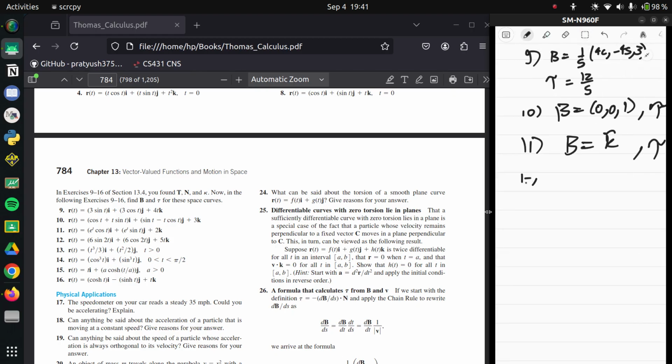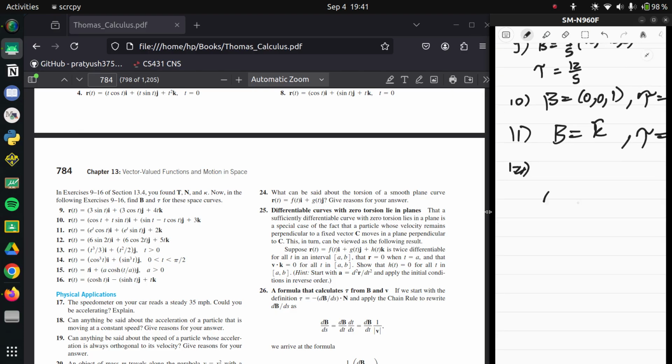Let's go to 12th. 12th is the same stuff. Velocity is just what? Now this is getting a bit too familiar, isn't it? Yeah, all of these are of some particular format. This is a helix, right? It has some torsion. This was at a certain plane.